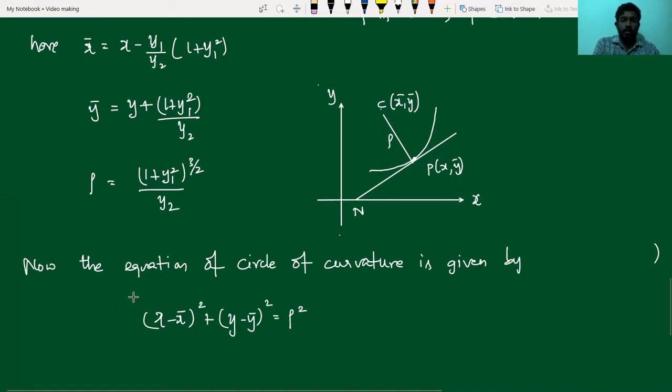So this is the equation of the required circle of curvature.